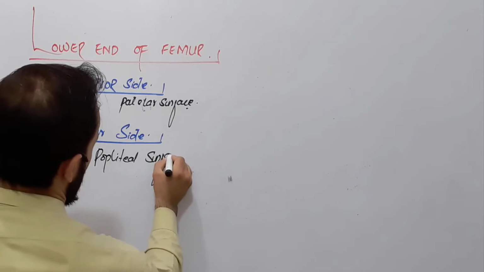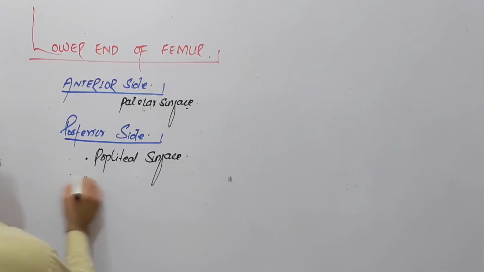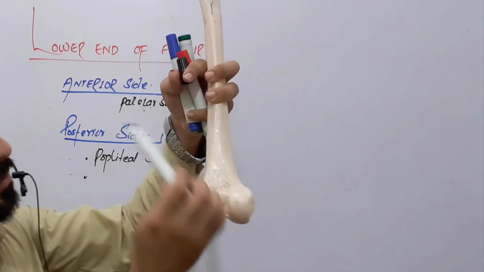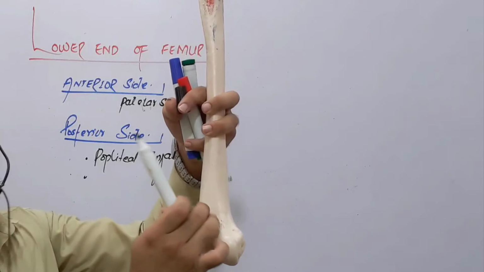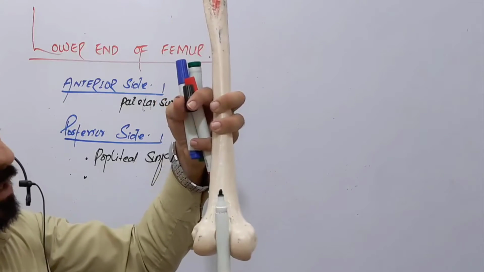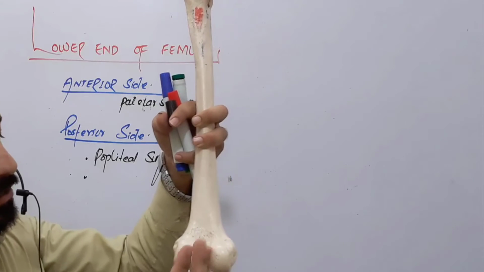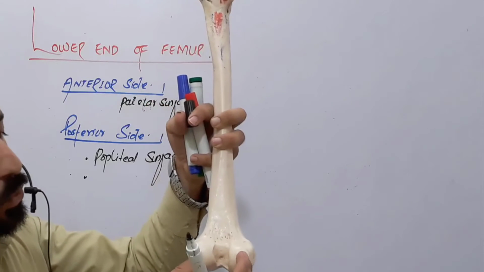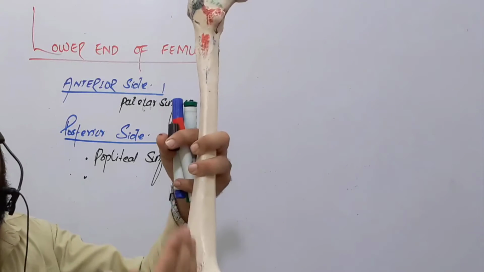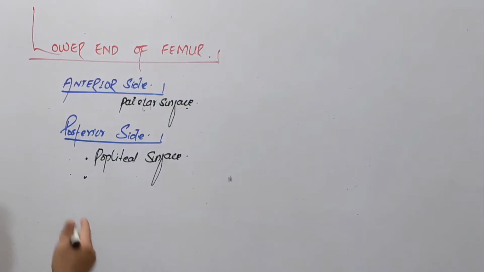Then the next important point is that this posterior side of the femur bone has here a fossa, a depression, right? And this depression is present in between the 2 condyles. That's why we say that this is called the intercondylar fossa.